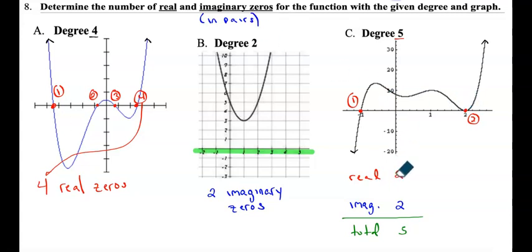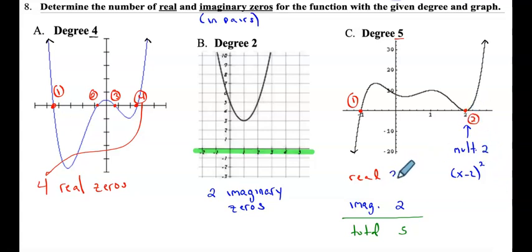So really, here at this zero, there's a multiplicity of 2 here. So at 2, this could be something where, when I solve this, it's going to be x minus 2 squared, right? And then I solve this for 0. So it has 2 roots or 2 zeros of 2 here.